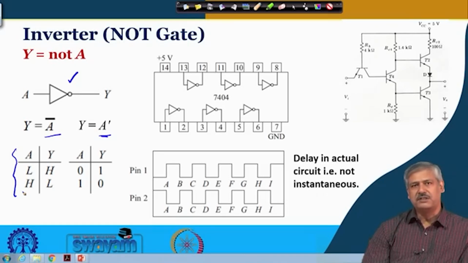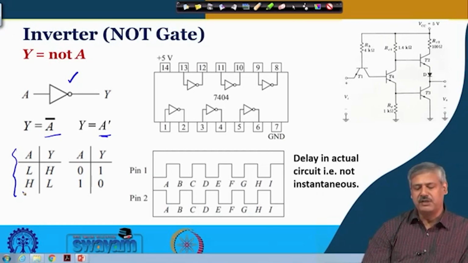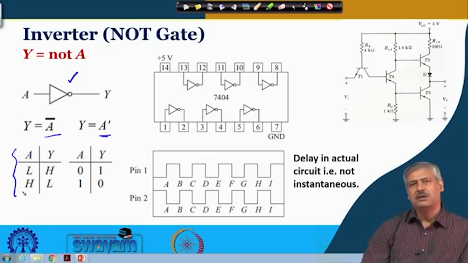The fourth representation that we see is through a timing diagram. Before looking at the timing diagram, we look at one IC which people use in the lab. You use the TTL family because CMOS circuits require a lot of protections. So, mostly you will be using TTL ICs in the lab.